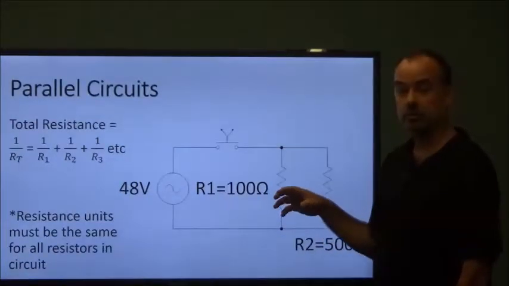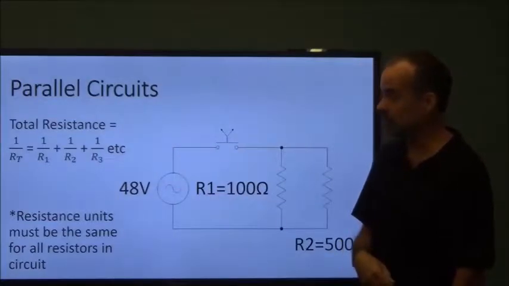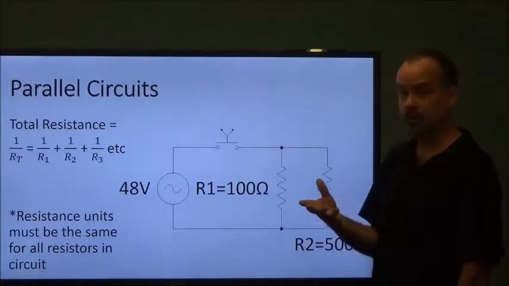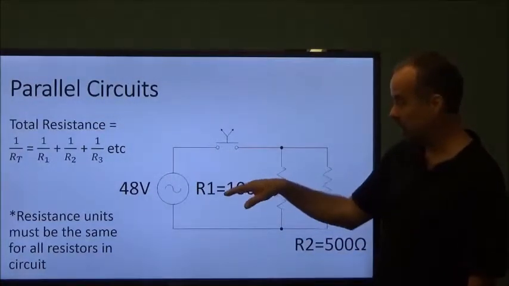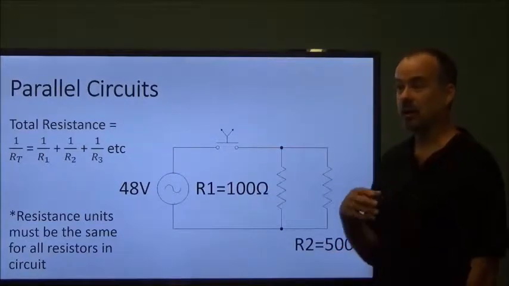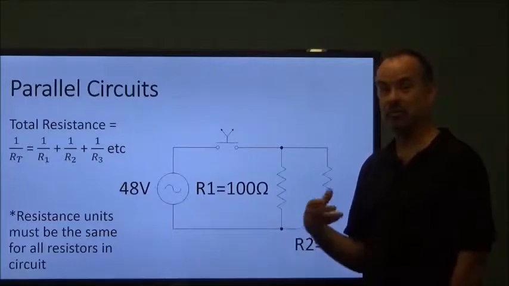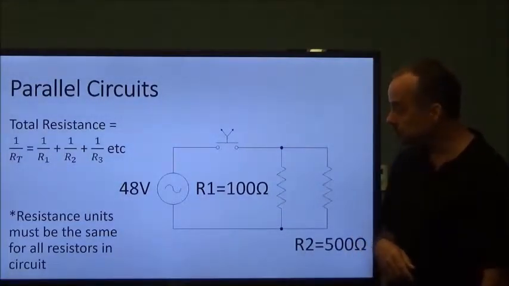It doesn't matter what you use, as long as all the resistors that you're trying to find the total resistance for are in the same units. If you have the units off, like one as K and one as a base unit, in the end you'll come up with the correct digits in your answer, but the decimal point is going to be in the wrong place, which is equally important.